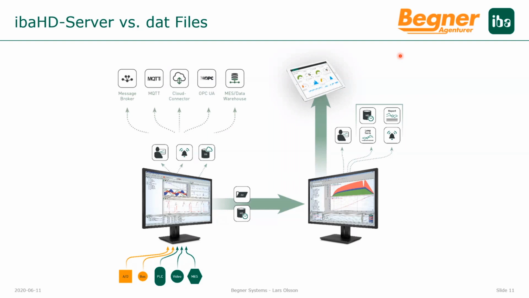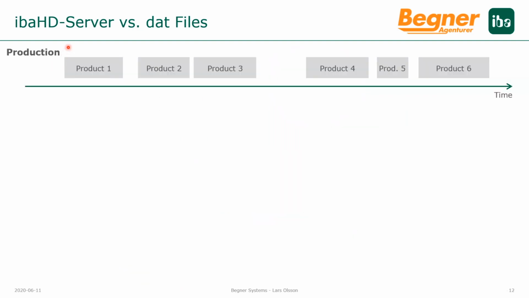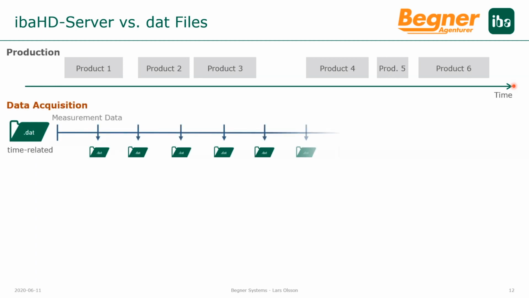Imagine we have a production of a hot strip mill or a bakery or some oil, I don't know, something with some products, 6 products in this example, and you have the time running from the left to the right. Then the time-related dat files, we call them, are triggered, let's say, every 10 minutes or every 6 minutes or every 10 hours or 10 seconds or whatever you prefer, the length of the dat file, we trigger a new one.